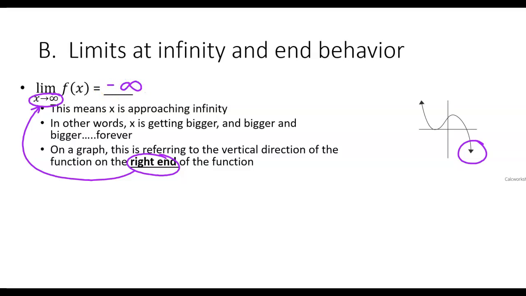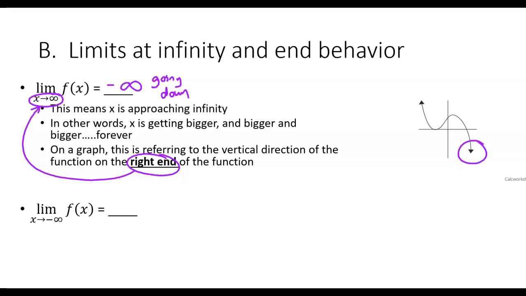So this means my graph is going down. So on the right side of my graph, it's going in a downward direction. That's what that means. As x approaches infinity, y approaches negative infinity.